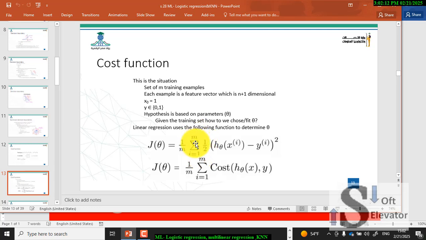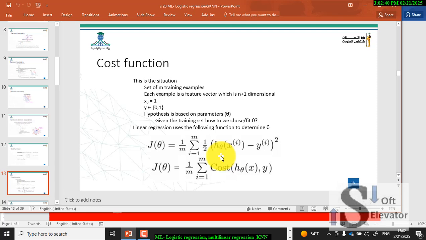half of h theta of x minus y, all to the power of 2. This is the cost function, cost of h theta of x, y.